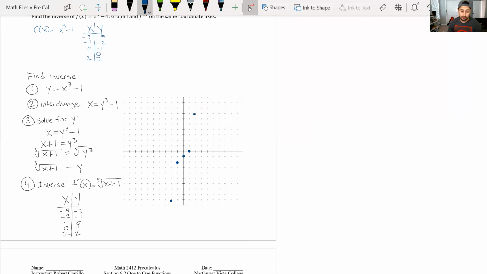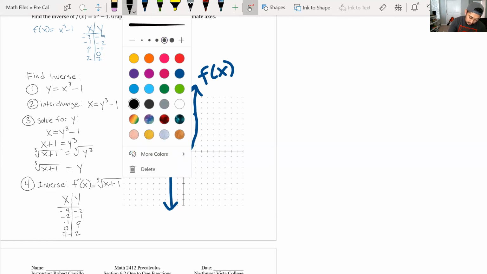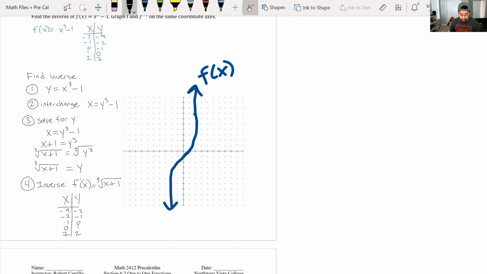So here's what the original function looks like. So this is f of x. Okay. And then I'll plot the inverse function.